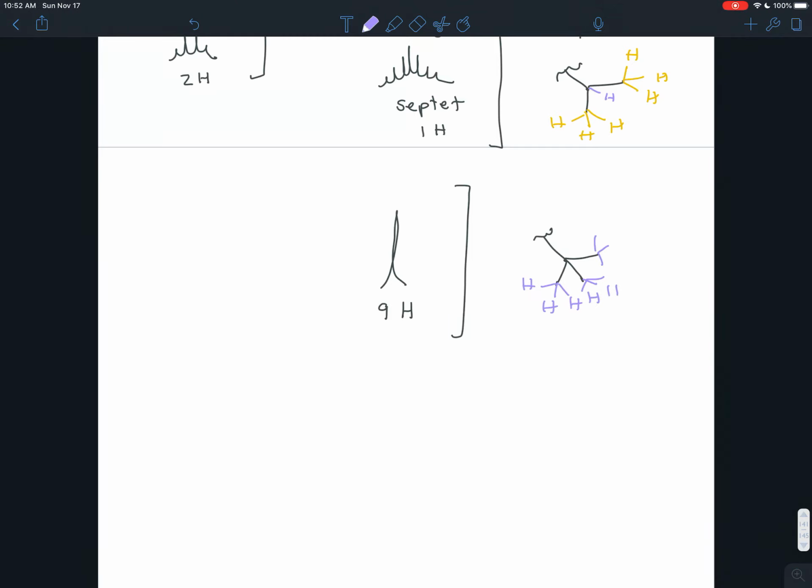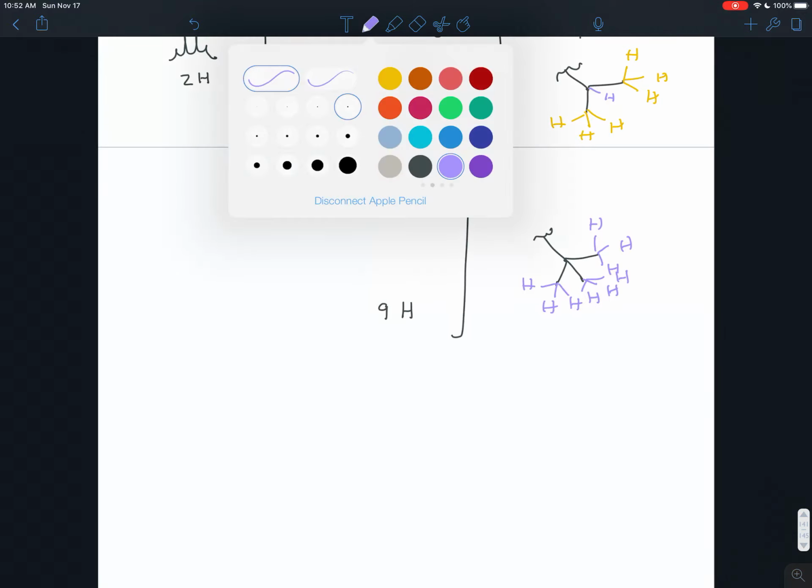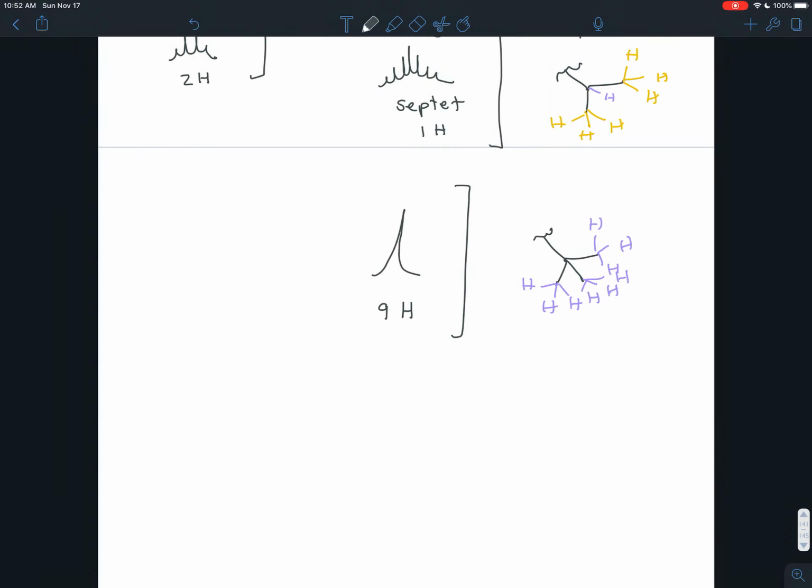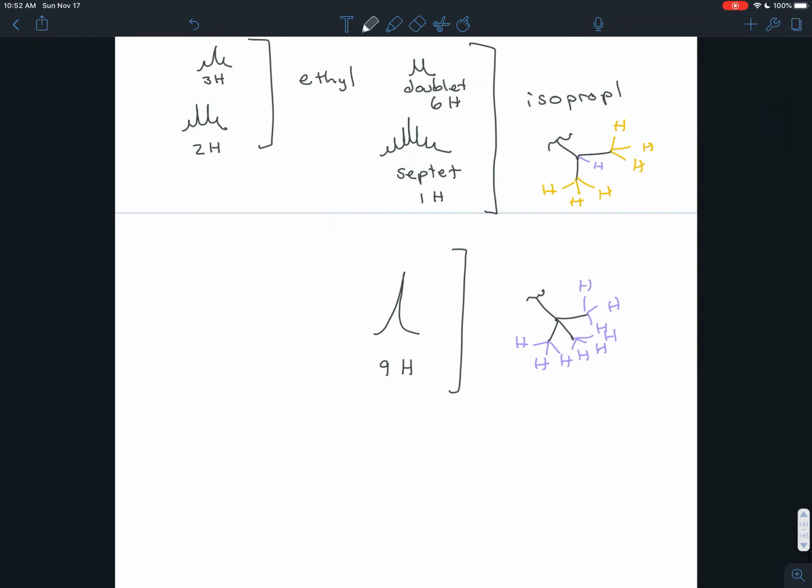So you have 9 hydrogens all in the same electronic environment, and they'd have no hydrogen next to them, so they don't split at all. They're a singlet, and they have an integration of 9. So that's a tert-butyl group.